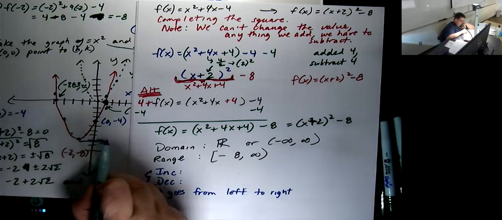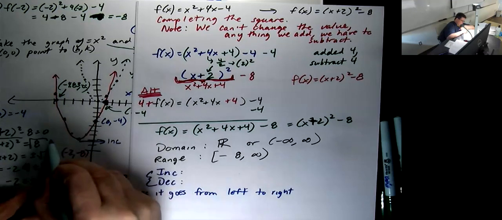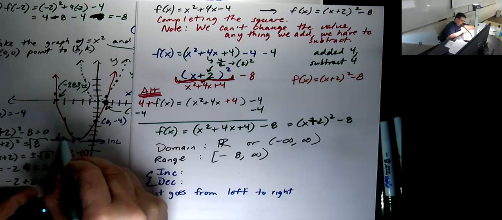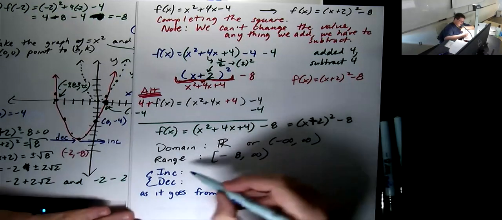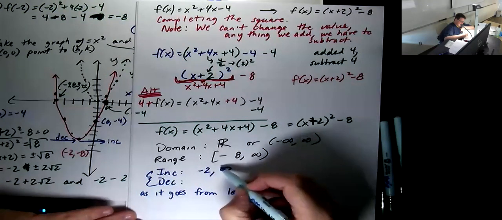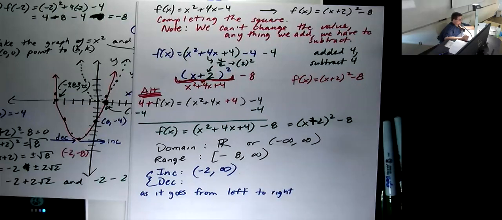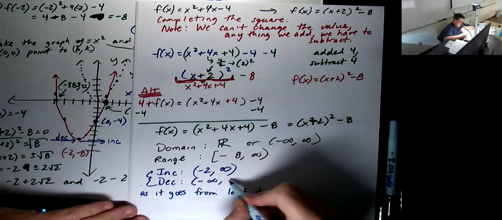That direction is increasing. And all the way up to that point, it's decreasing. So it's increasing from -2 to infinity. We don't include the -2 because it's not increasing or decreasing right there. And it's decreasing from negative infinity to -2.